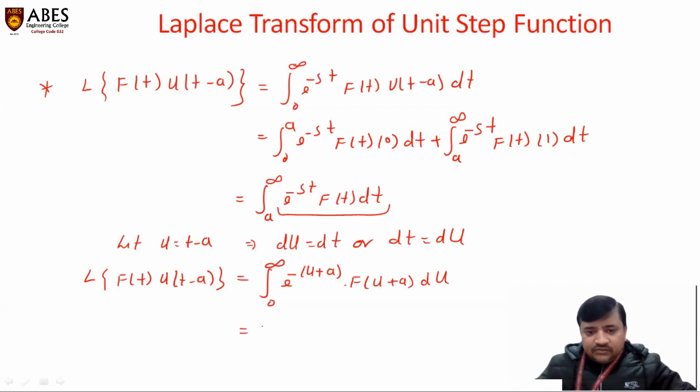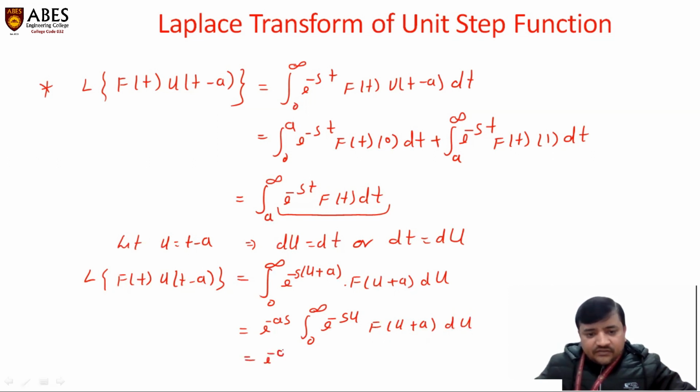So we can do like this. e to the power minus as may be taken outside. Integral 0 to infinity e to the power minus su f of u plus a du.